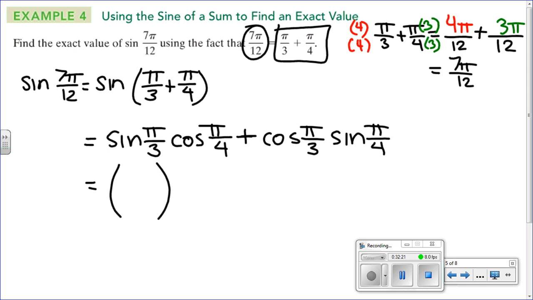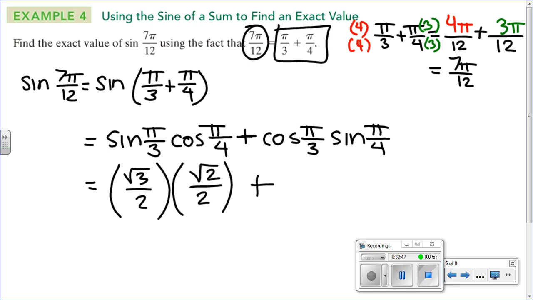So the sine of pi over 3, that's like the sine of 60. What is that? It's not 1/2, it's the other one. Square root of 3 over 2. There you go. Square root of 2 over 2. And then plus, what is the cosine of pi over 3? It is 1/2.